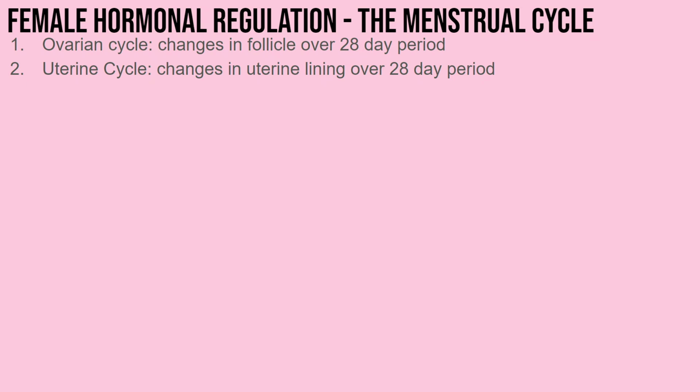GnRH stimulates the anterior pituitary gland, and then that's the one that's going to release FSH. So GnRH stimulates anterior pituitary.